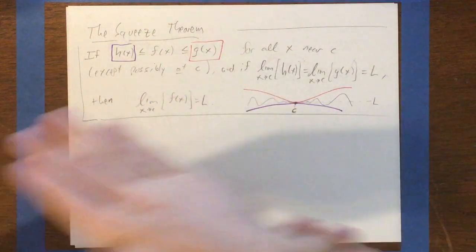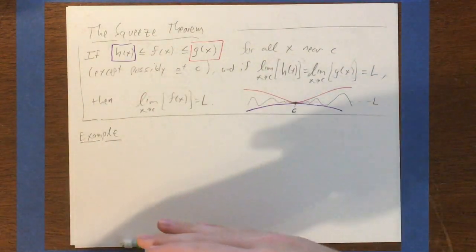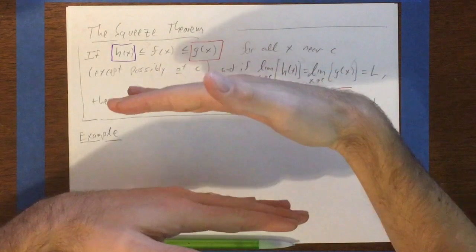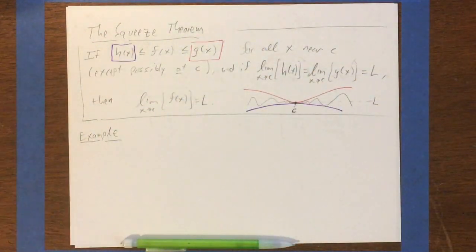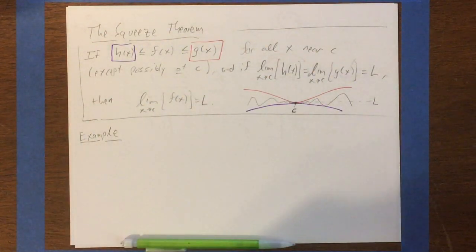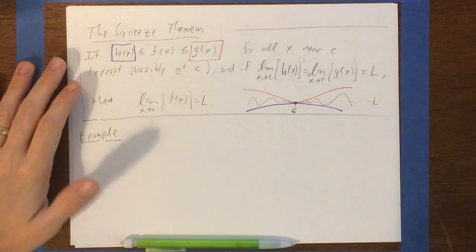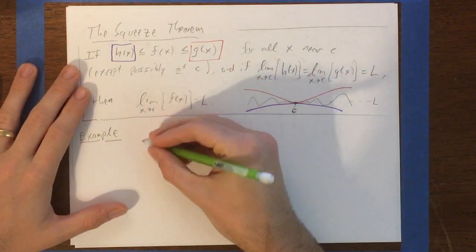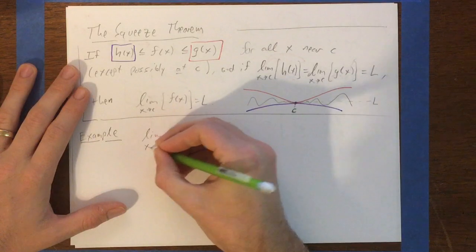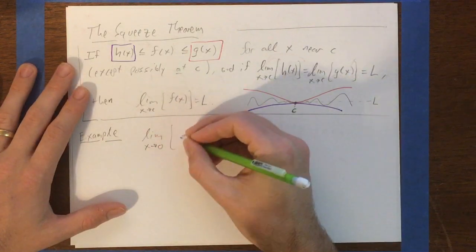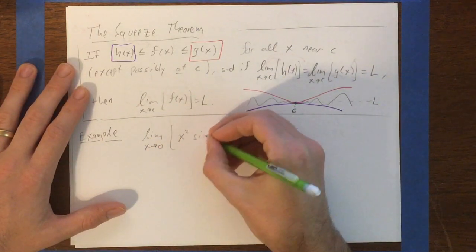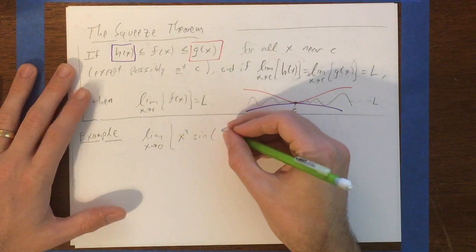Now, -1 and 1, though, never meet each other, right? So they never have the same limit. So the -1 and the 1 would be just two lines. You can't apply the Squeeze theorem there. But if you make that function a little more interesting, maybe with a product, then you can get something pretty neat.